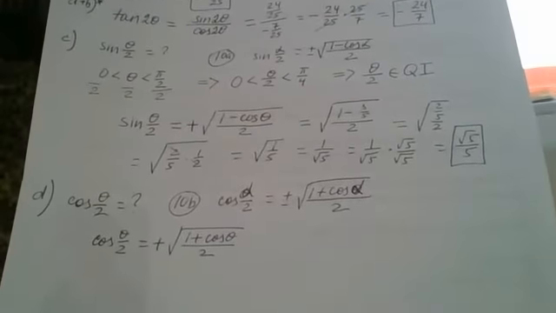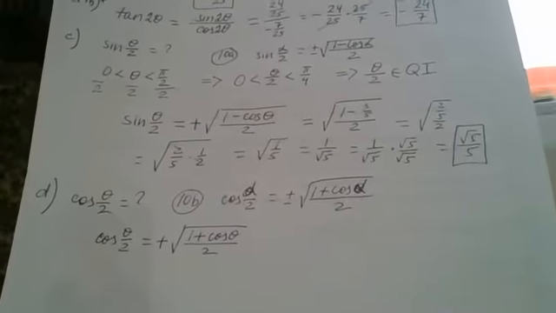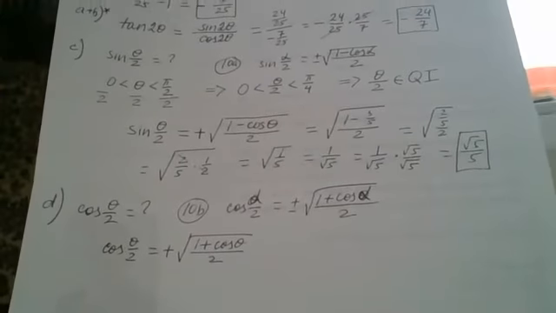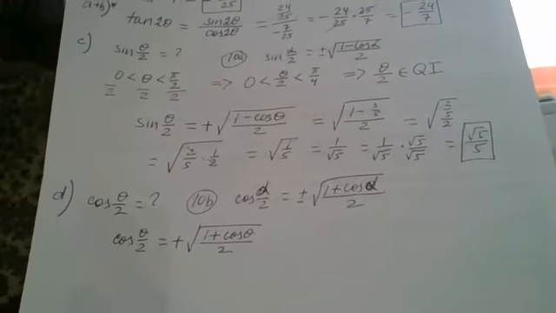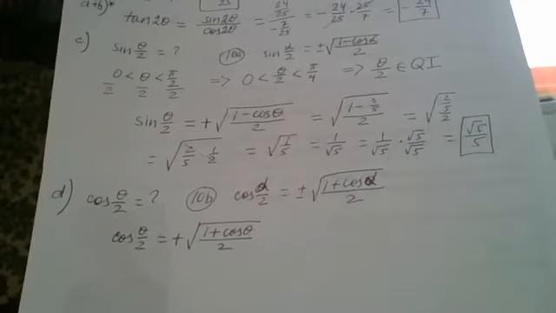First, I again copied formula 10b and adjusted that formula. And now I'm going to plug in, instead of cosine theta, its value, which is 3/5. Everything divided by 2. 1 plus 3/5, it is 8/5 over 2, which is square root of 8/5 times 1/2.